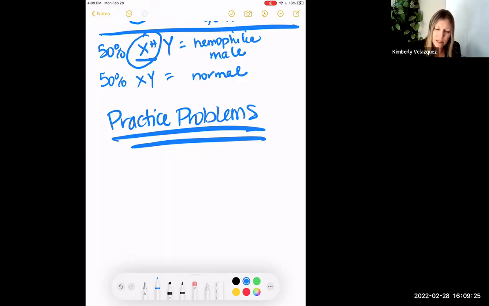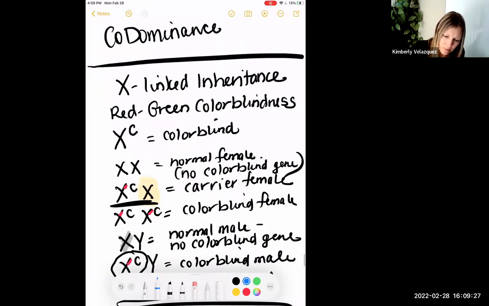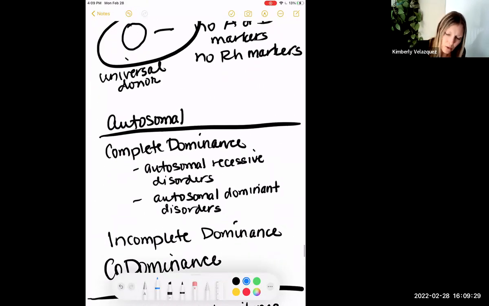I'm going to quickly scroll back up now because I want to show you something important. Really understand the difference between autosomal recessive disorders and autosomal dominant disorders. And again, look at the heterozygous individual.